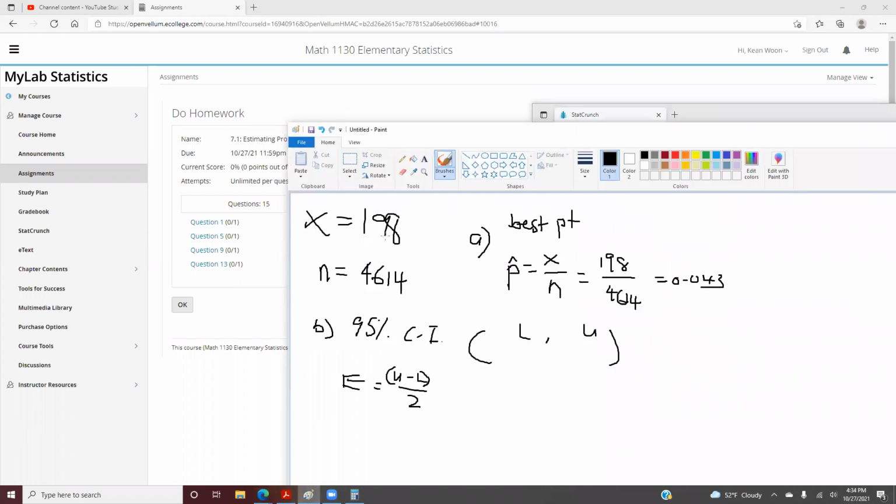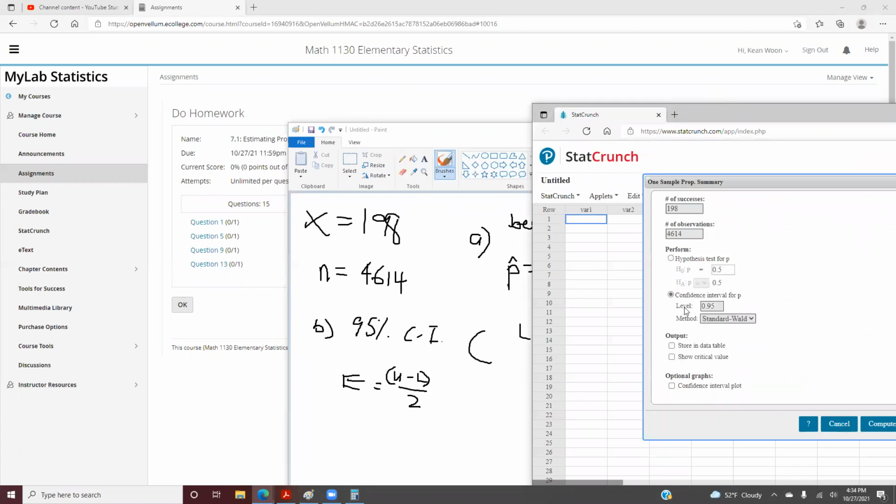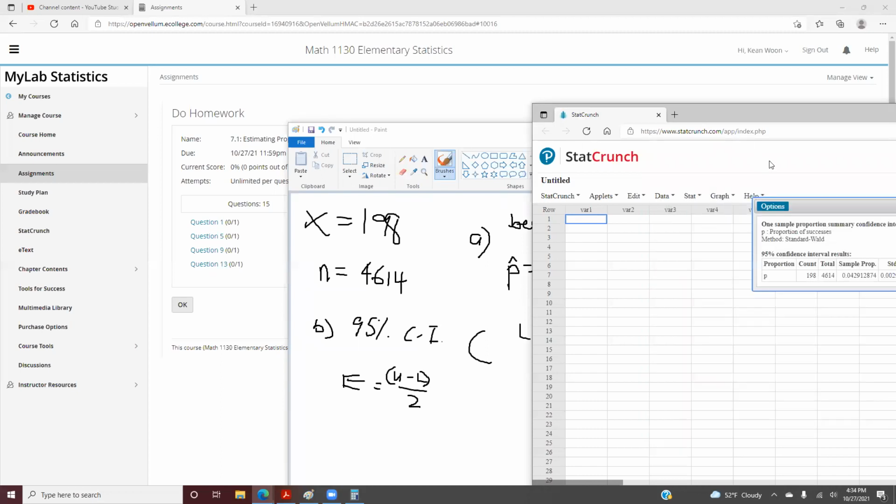Based on this, X is the number of successes, so it's 198. The number of observations is 4614, and the confidence level we're looking for is 95%. This is provided in the question and you compute.